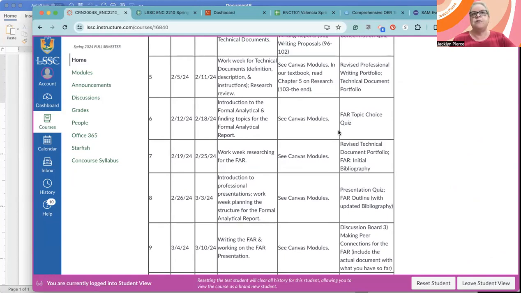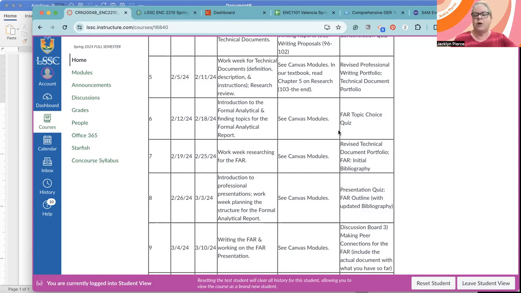So the best way to think of it is if you had, say, a history class or a psychology class, and you had other activities that you'd done throughout the semester, but you have a major paper due at the end of the term or close to the end of the term. In a literature class, you might have the same sort of thing where you may write smaller papers, but you have one kind of big assignment at the end. So that's essentially what we are doing.